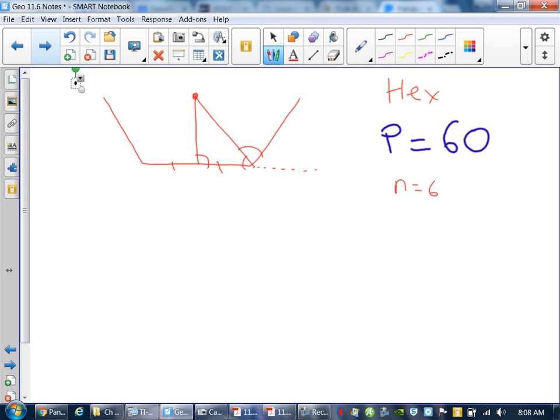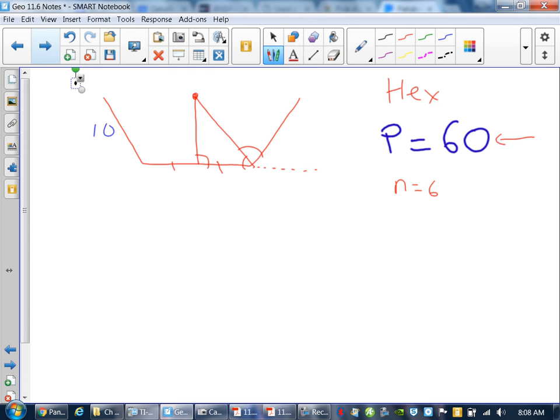Let's use this first. If the perimeter is 60 and you have 6 sides and they're all the same, what's each side? 10. So what I'd like you to do, get in the habit of doing, is building this picture.